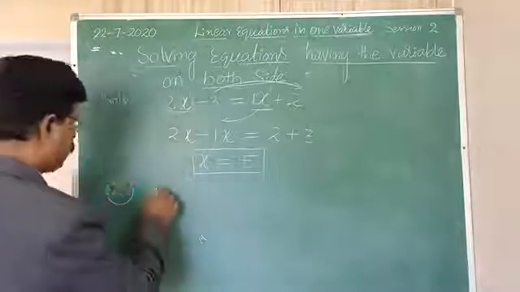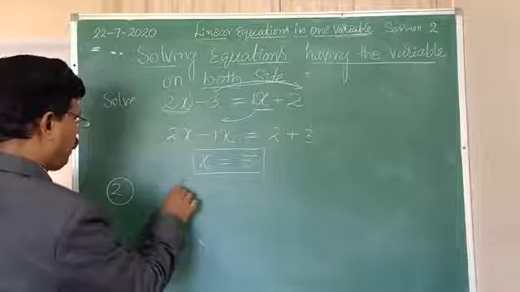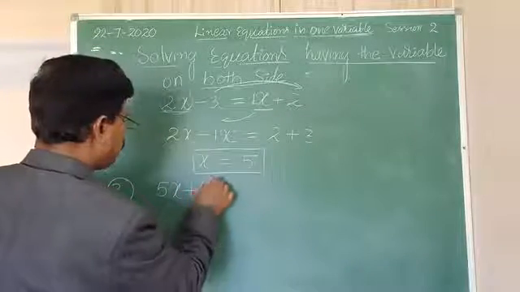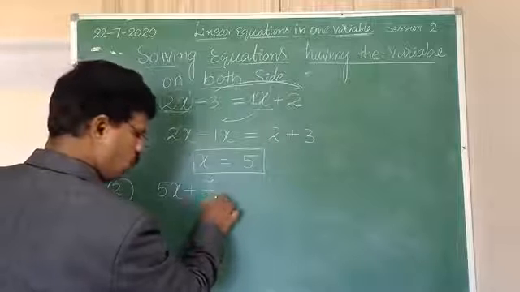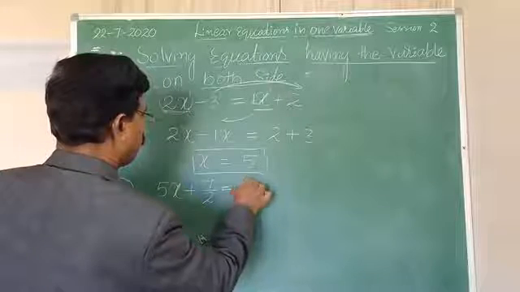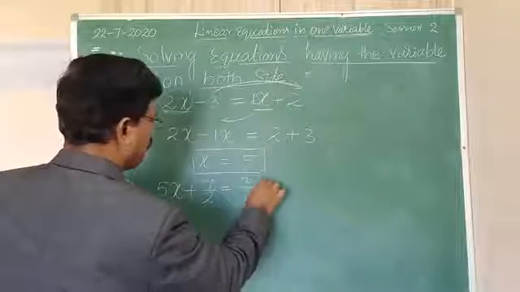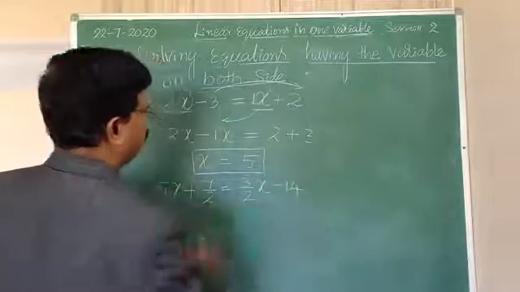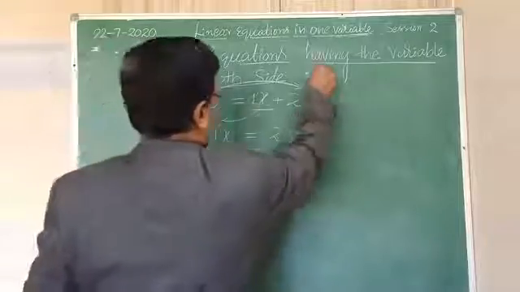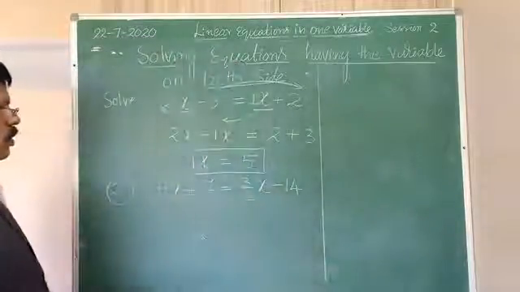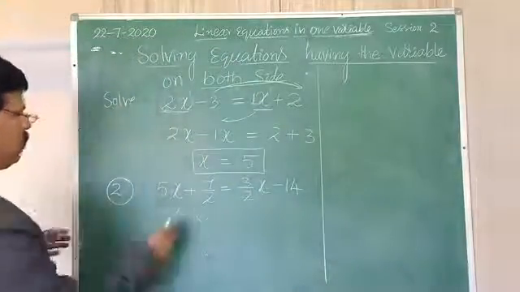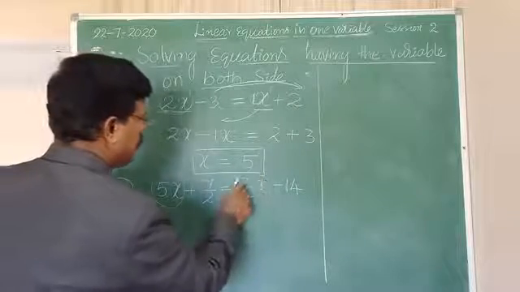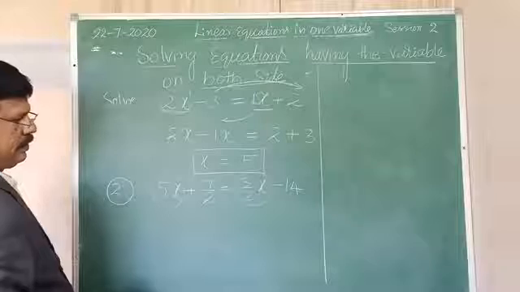What the question is: 5x plus 7 by 2 is equal to 3 by 2x minus 14. Now here first mark the variables. Here is 5x, here is 3 by 2x.